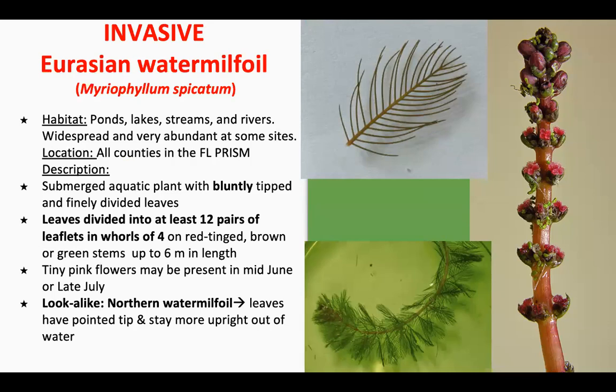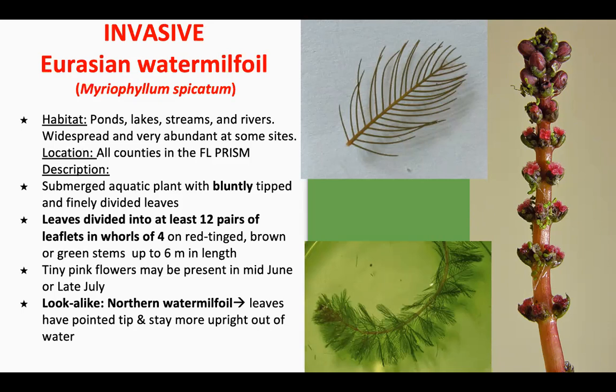And the leaves are divided into at least 12 pairs of leaflets, and the leaflets are in whorls of 4 around the stem. It kind of has this red tinged or brown color to it. And it is around for quite a long time. It comes up in May, like now it'll start growing, and then we know it stays well into the fall.